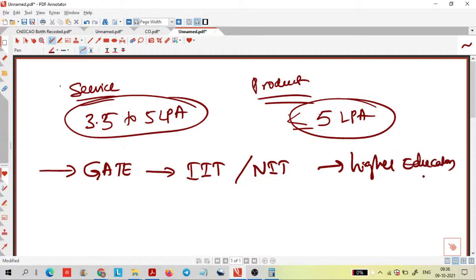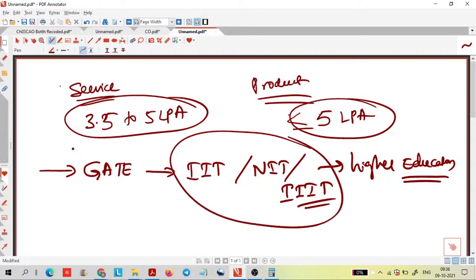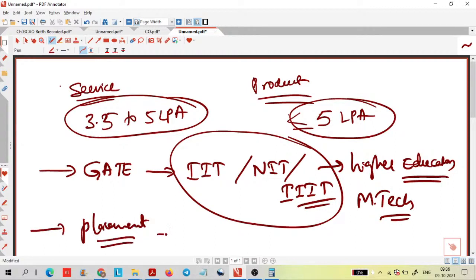Some top triple IITs and Central Universities are also there. If you get MTech, the placement opportunity is a minimum of 15 LPA onwards.